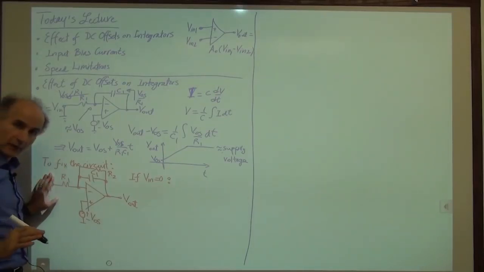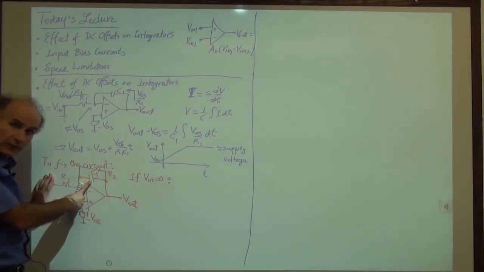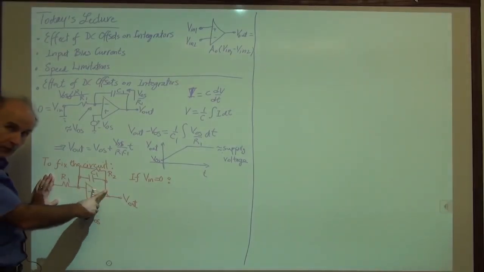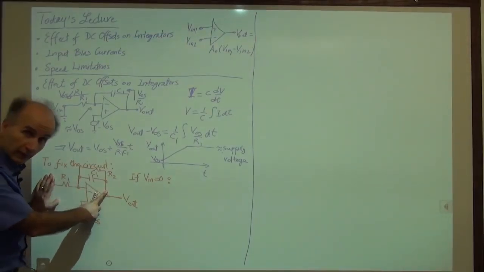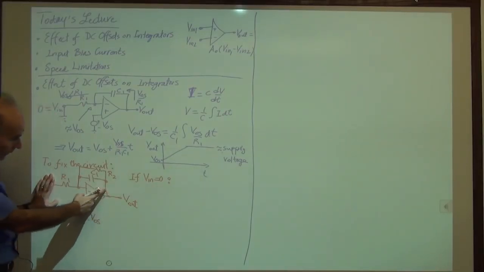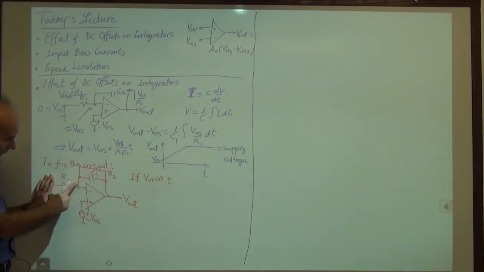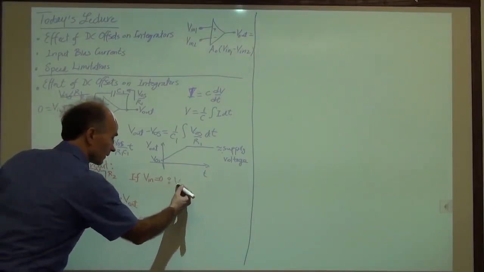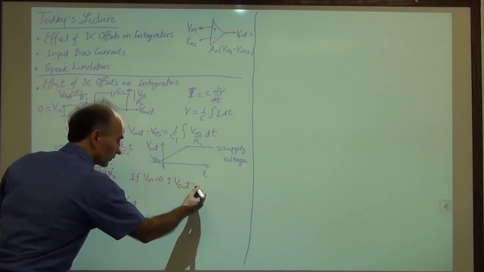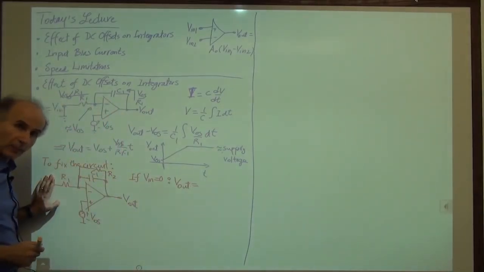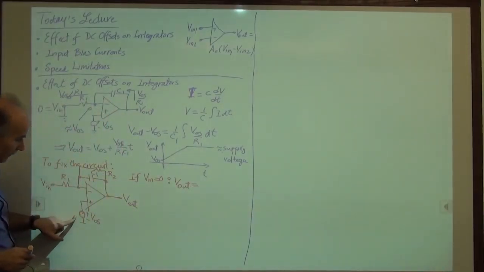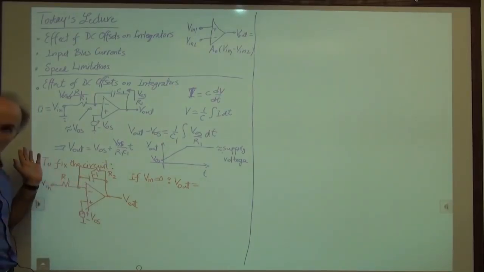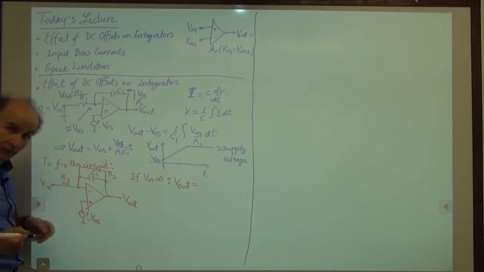After all the transients have died away, C1 is an open circuit, and VOS sees an amplifier from here to here, which is a non-inverting amplifier, because we took the output, we went through a resistive divider, and we went to 0. So the output is simply equal to the amplified copy of VOS. VOS is amplified by 1 plus R2 over R1, just like an ordinary non-inverting amplifier.